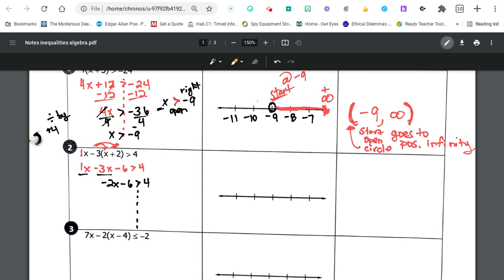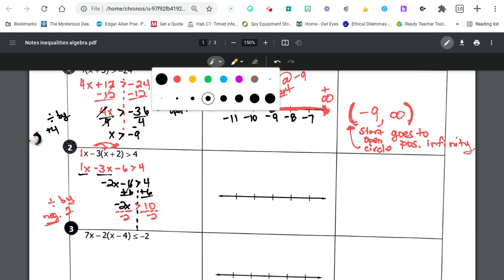Now I got a basic two-step. Add 6 to both sides. Just change the sign. So now I end up with -2x greater than 10. Now this time I'm dividing by -2. Because I'm dividing by a negative, I'm going to flip the symbol. So I got to divide by -2.